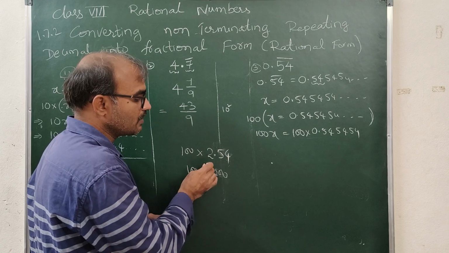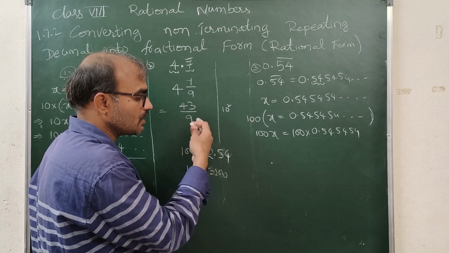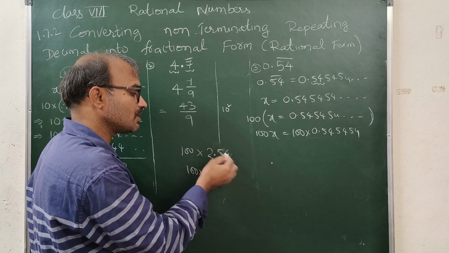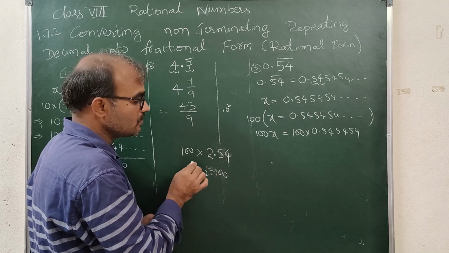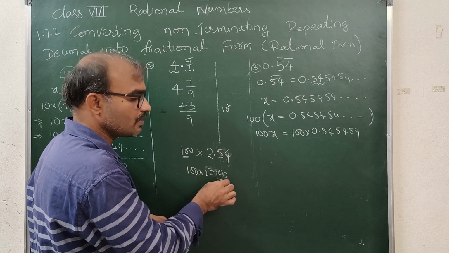It is more than 2 but less than 3, so its value should be more than 200 and less than 300. 100 into 2 is 200.